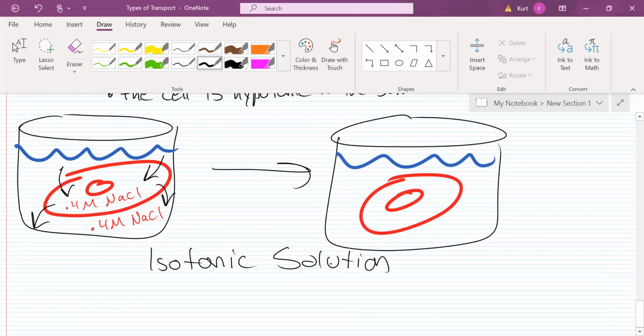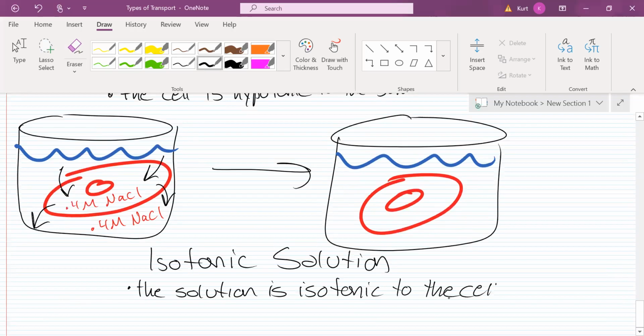And it's going to be the same either way, but for just the sake of writing it out, the solution is isotonic to the cell, or you could say the cell is isotonic to the solution.